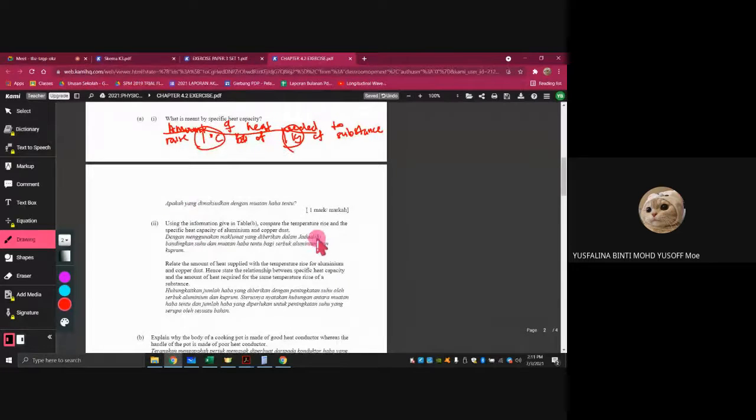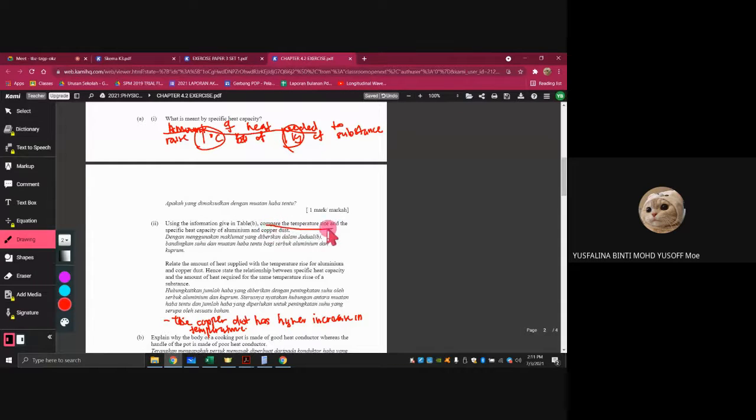So you can put: the copper dust has higher increase in temperature. Okay, that's for number 1.